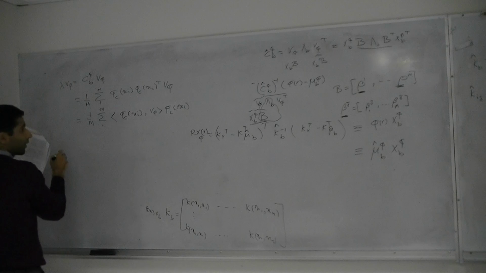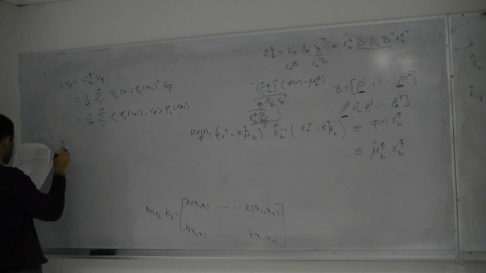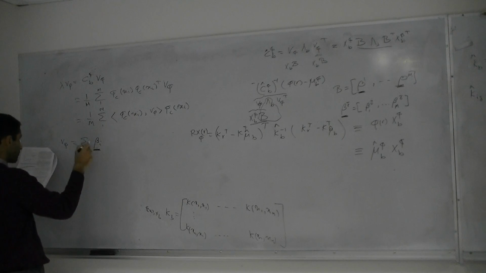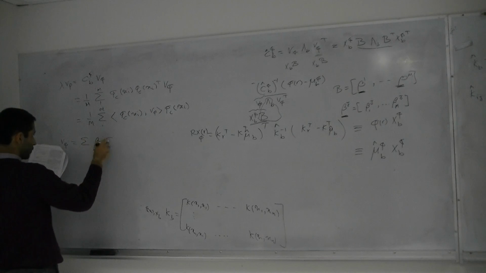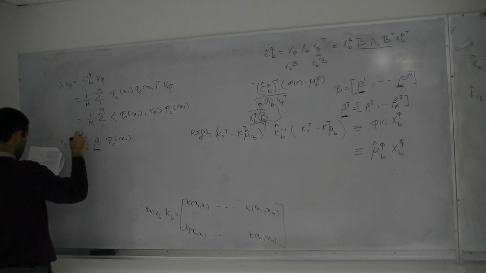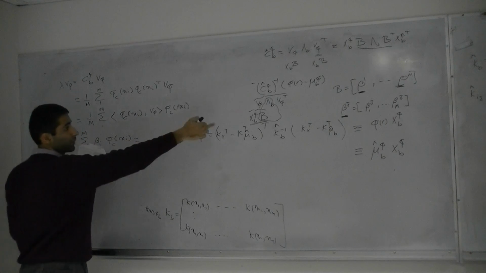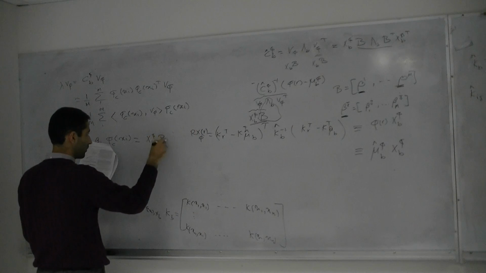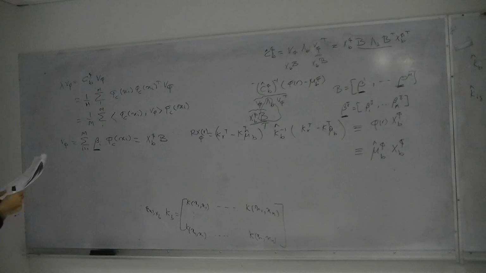Here I can rewrite it as v phi is equal to sigma beta_i multiplied by phi center of x_i for all of x_i, which we write down as X_b phi, beta, b.